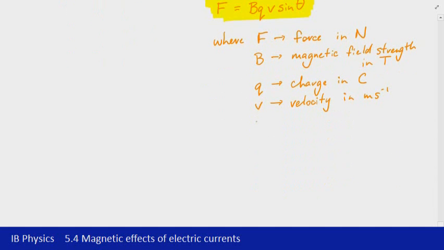And we still have that angle theta, which is now the angle between the velocity and the magnetic field.